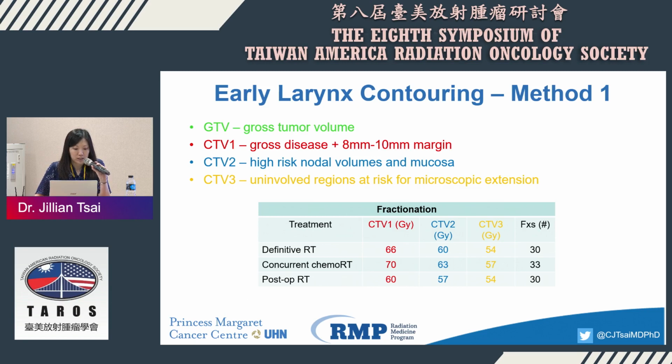There are other regimens that people use for T1 or T2. This is listed here. Sort of hypofractionation, 66 gray in 30 fractions. If you are giving concurrent chemo, then 60 gray in 33. Post-op, which is rarely done, 60 gray in 30.